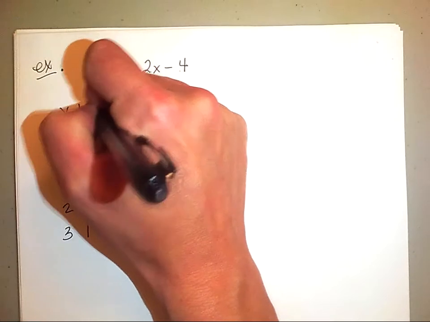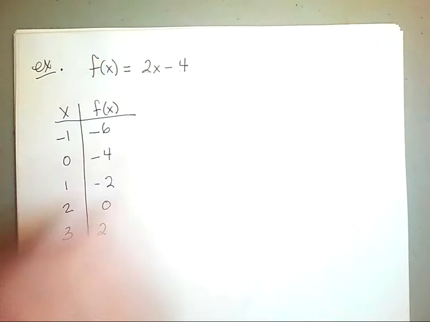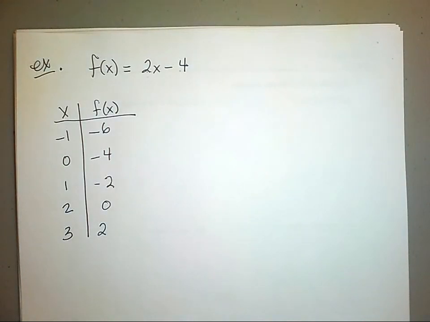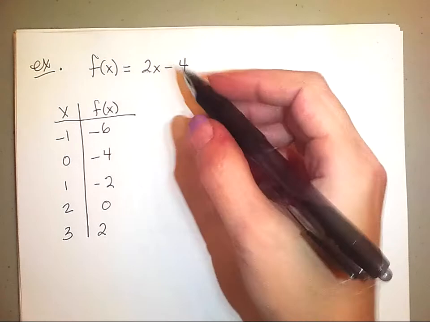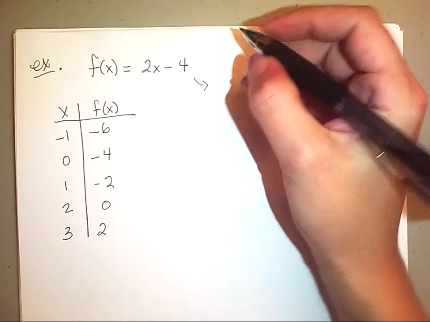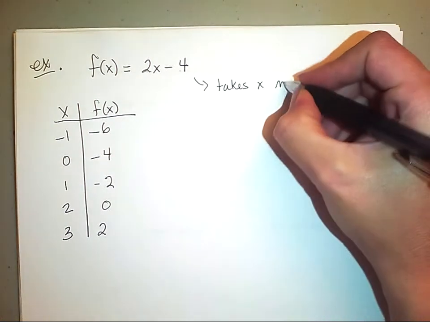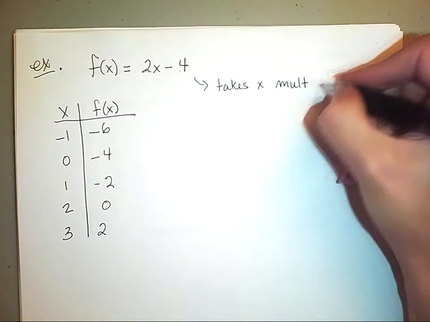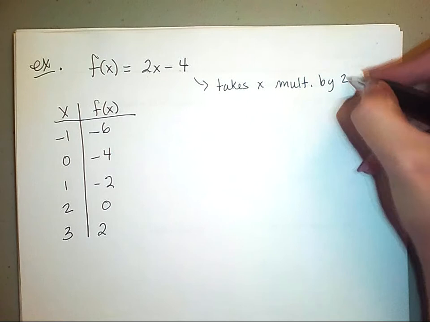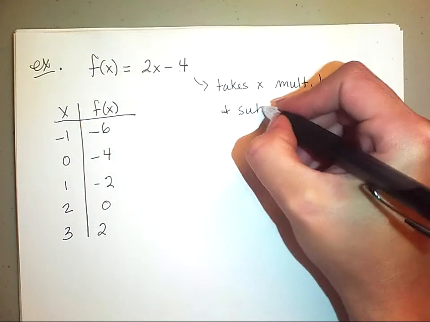And this would be f of x. So what's happening in the function is that it takes x, multiplies by 2, and subtracts 4.